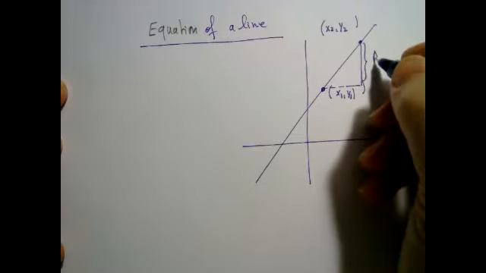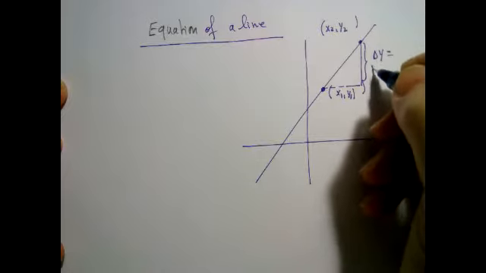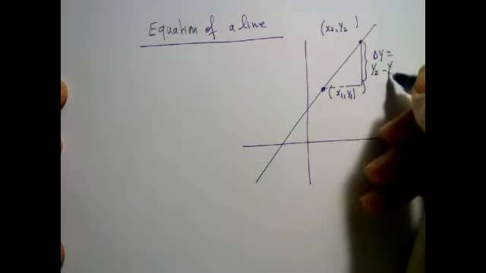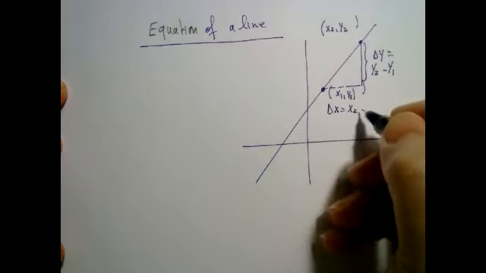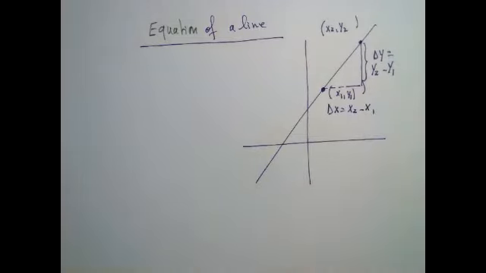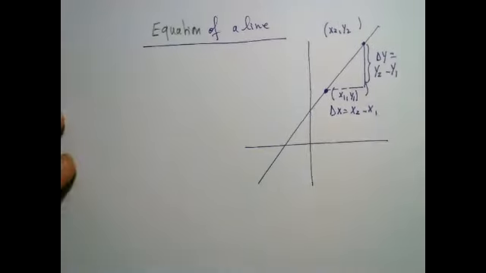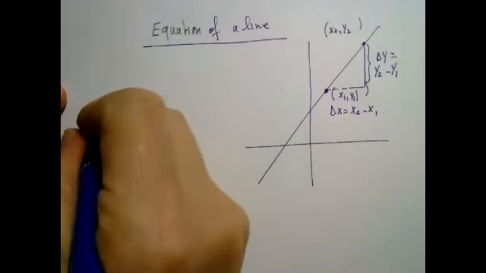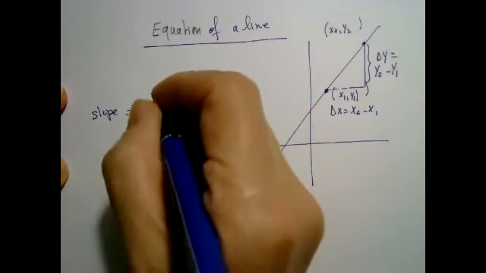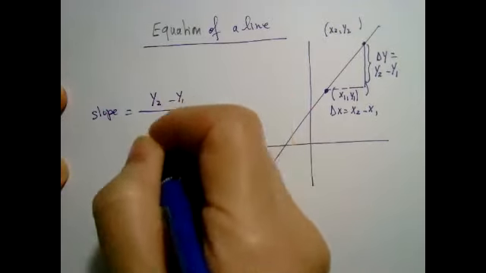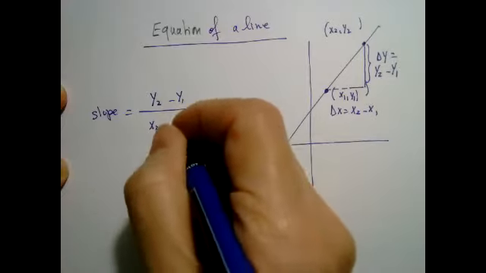So the rise, or the change in y, is y2 minus y1, and this is x2 minus x1, okay? Then the slope is the ratio between those two. So it's y2 minus y1 over x2 minus x1.